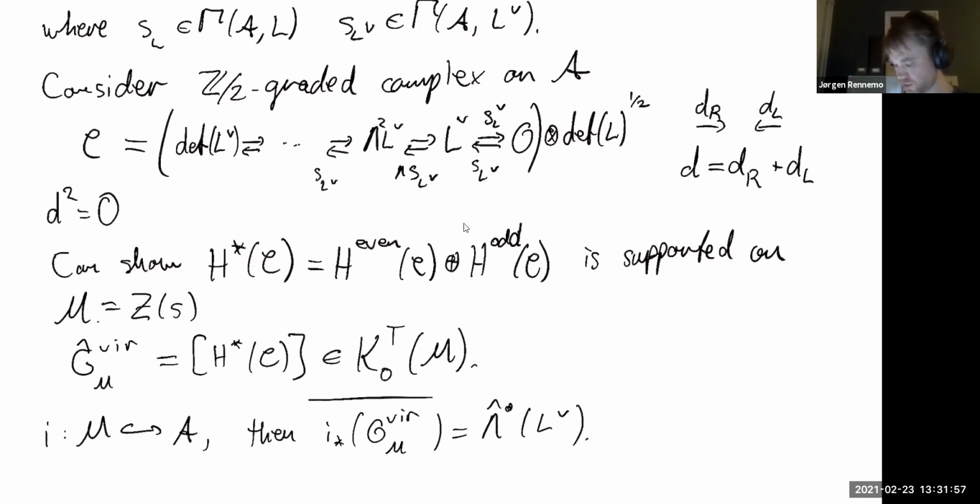The thing that's given to us a priori is some complex living on A. We can take its cohomology, and then we take its K-theory class, and that's the virtual structure sheaf. But we also want to remember that it comes from an actual sheaf, and we'll use that later on.